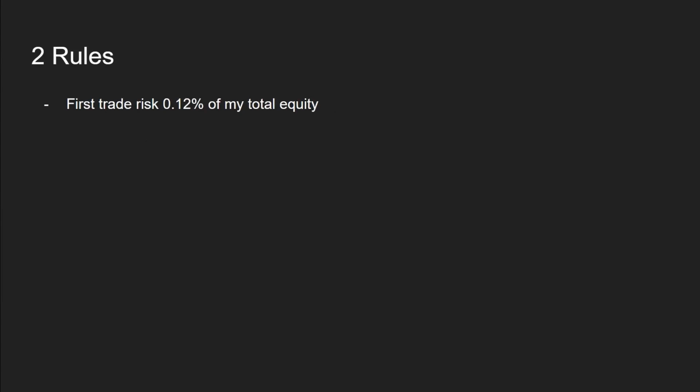Okay, so two rules. Now the first rule is when you start your trading from a blank slate, a new account, your first trade, you always risk 0.12% of your total equity. Now, don't let words like equity and total equity scare you. It just means the total number of dollars in your account.